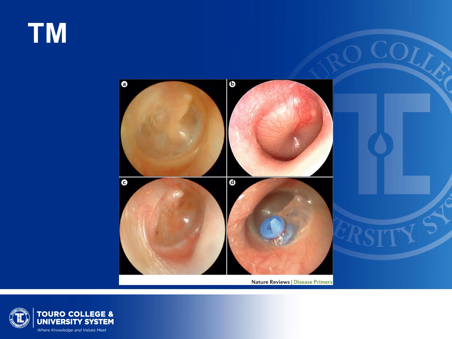Now you'll see in the bottom right hand side, this is a little one who has a tube in the ear. Sometimes when children get recurrent ear infections, the provider makes the decision to have a surgeon place a tube in the middle ear that will help to drain the fluid from the middle ear, hence reducing the incidence of ear infections in the middle ear.